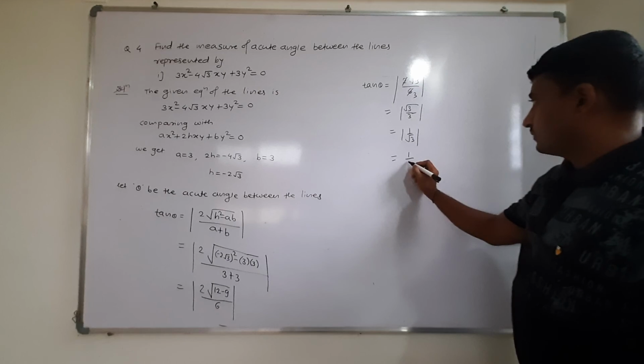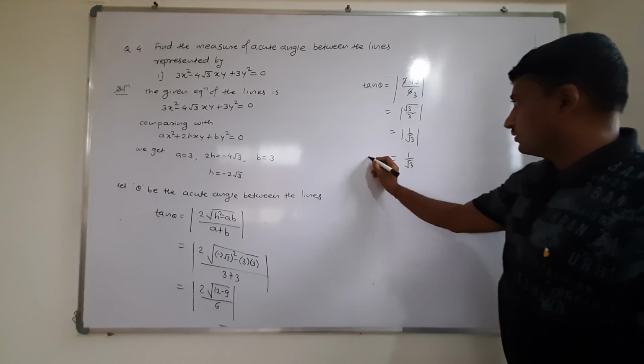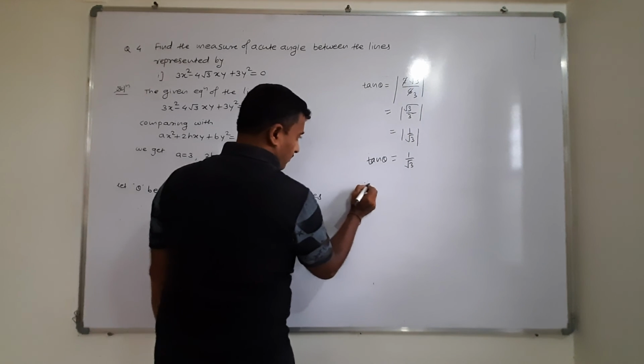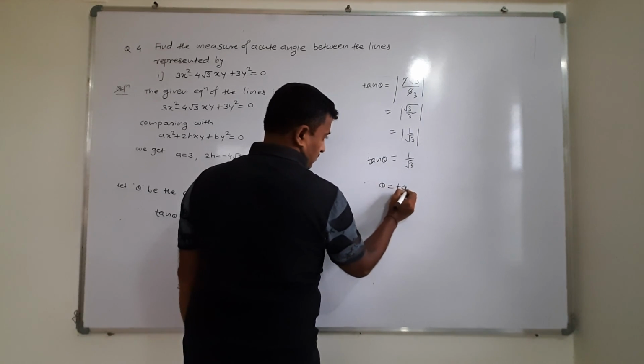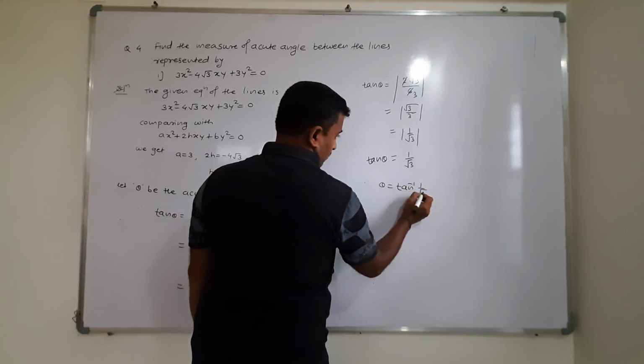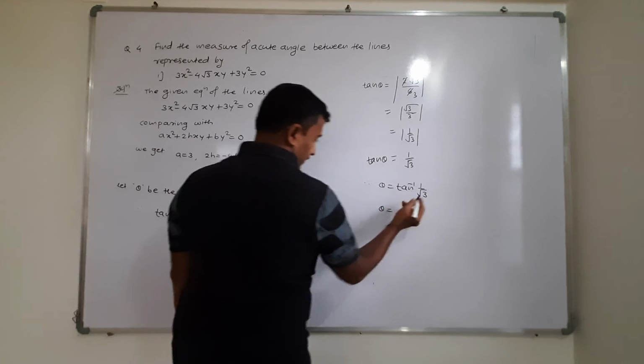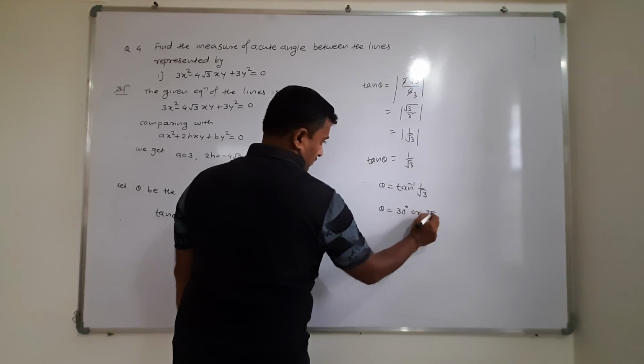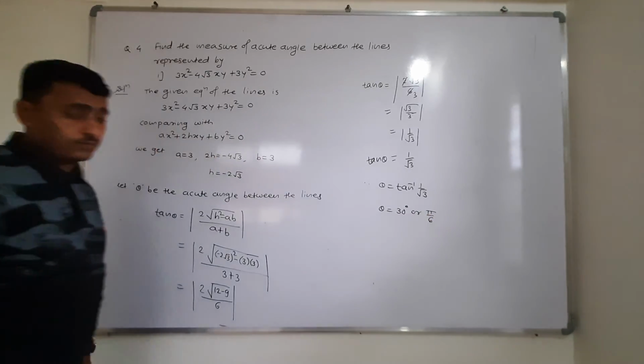So tan theta is 1 by root 3, and therefore theta is equal to tan inverse of 1 by root 3. The value 1 by root 3 is for 30 degrees or pi by 6. This is the angle between the lines.